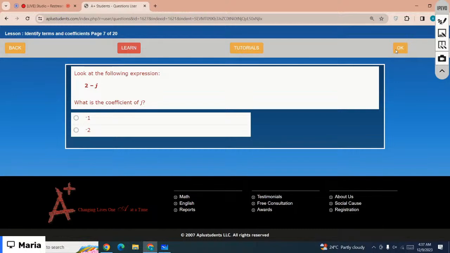Look at the following expression, that is 2 minus j. What is the coefficient of j? That is -1. The coefficient of j is -1.